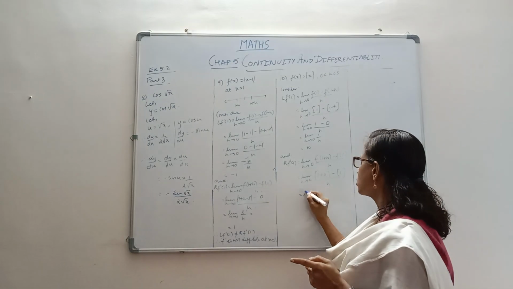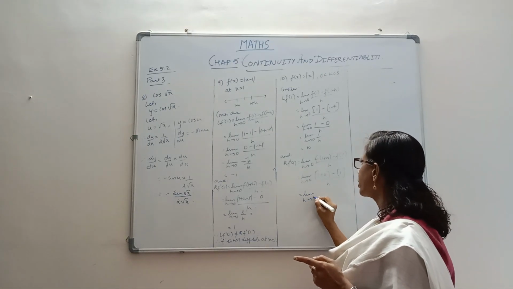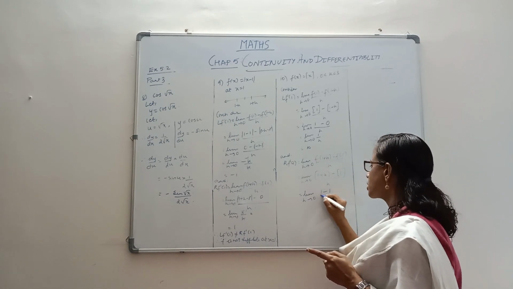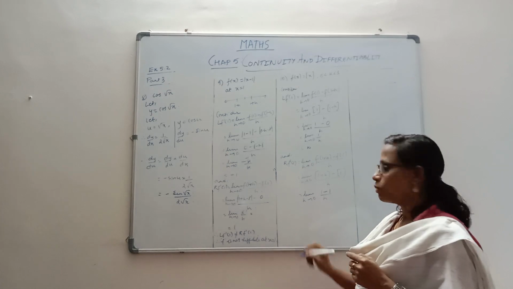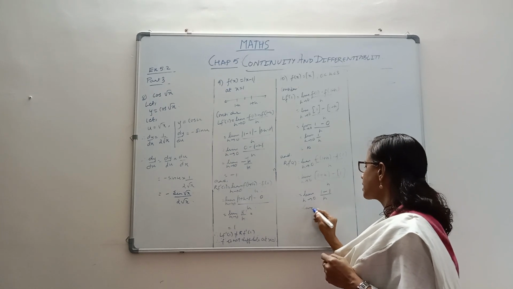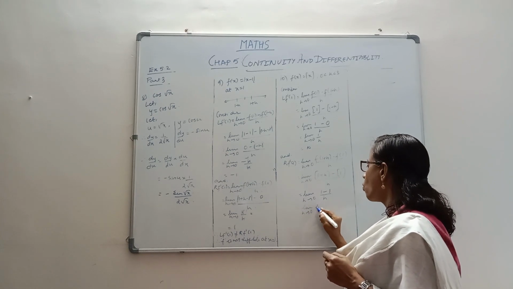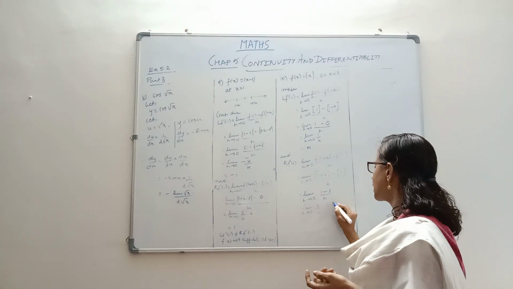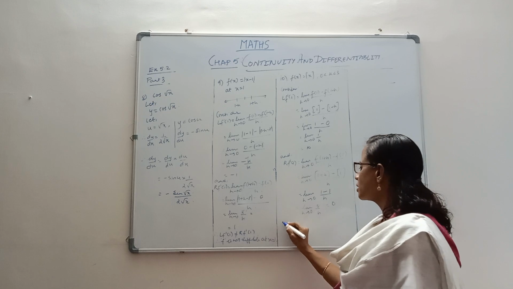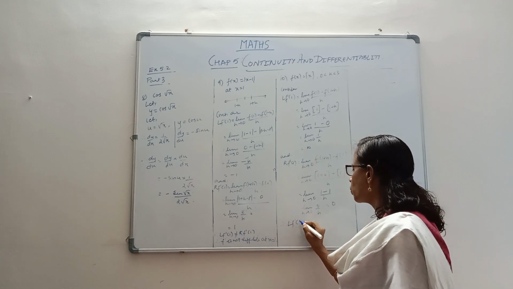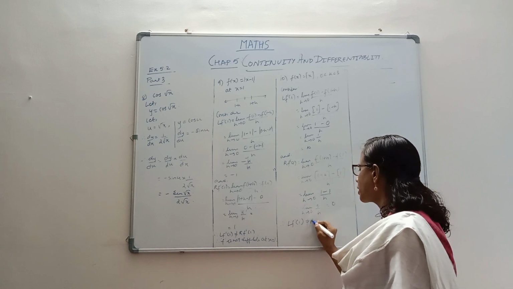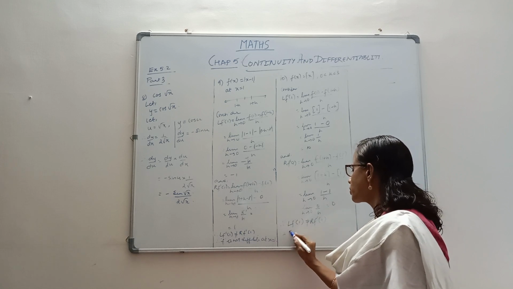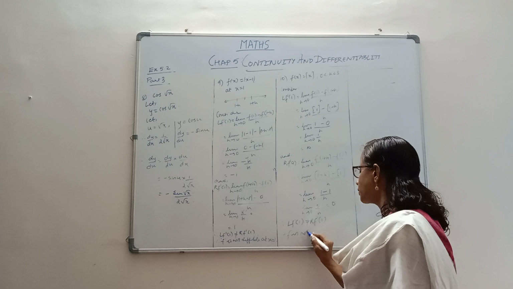So the greatest integer of 1 plus h is 1, and the greatest integer of 1, because it is an integer, is 1 itself. What is coming up? Limit as h goes to 0, 0 by h, so it is 0. So left limit at 1 is not equal to right limit at 1. At one place you have infinity, at the other you have 0. So it is not differentiable at x equal to 1.